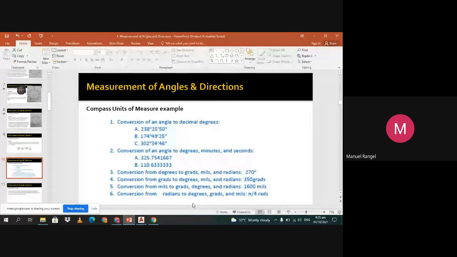The answer is 174.824 degrees. Convert lang. Then for number 2, conversion of an angle to degrees, minutes, and seconds.